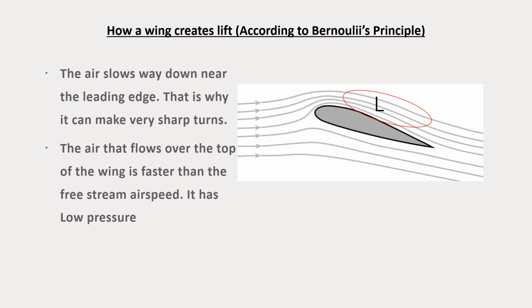The air that's flowing over the top of the wing goes faster. It travels a little bit farther distance than the air under the bottom of the wing, and to do that, it has to go faster. Since it's going faster than the free stream velocity, its pressure is lower than the atmospheric pressure.